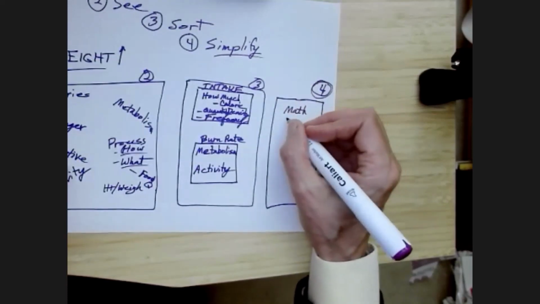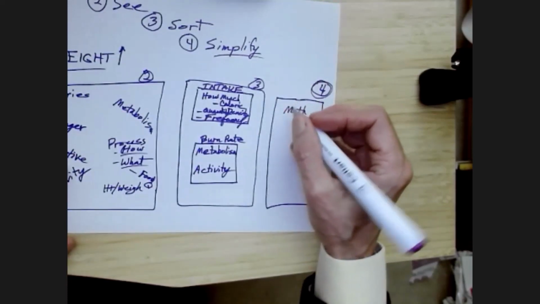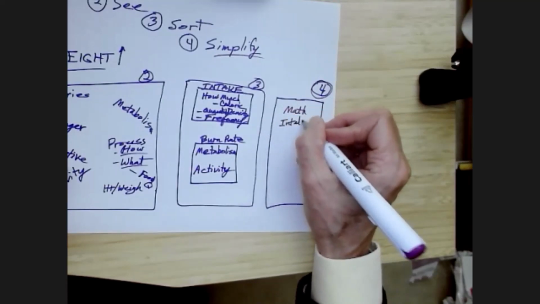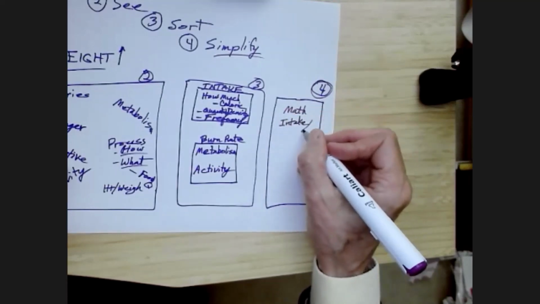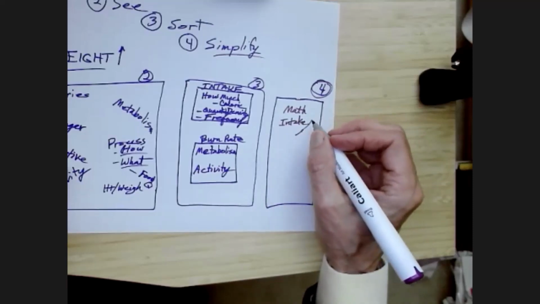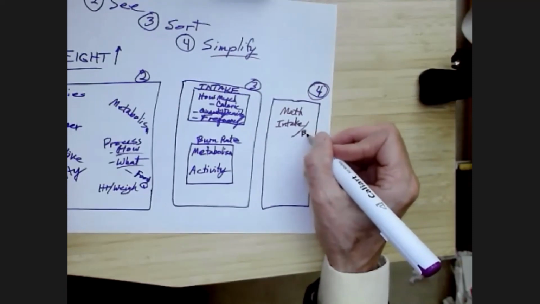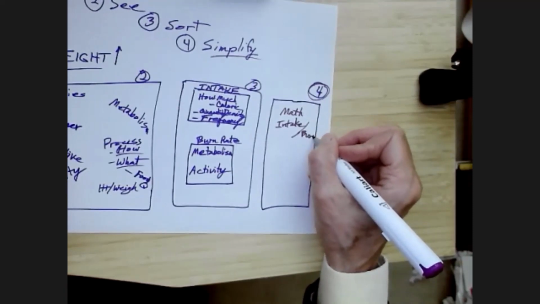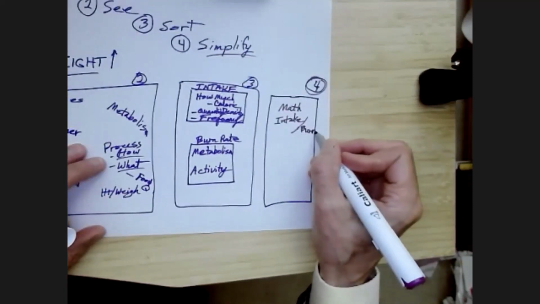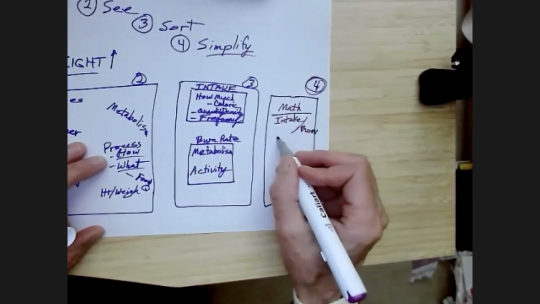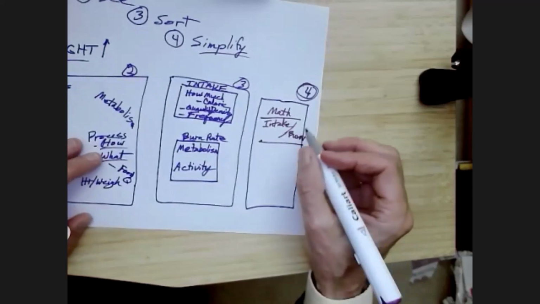And the math is going to be your intake in a relationship to your caloric burn, right? That's all it's going to amount to. So when you have an intake that exceeds your caloric burn, you're going to gain weight.